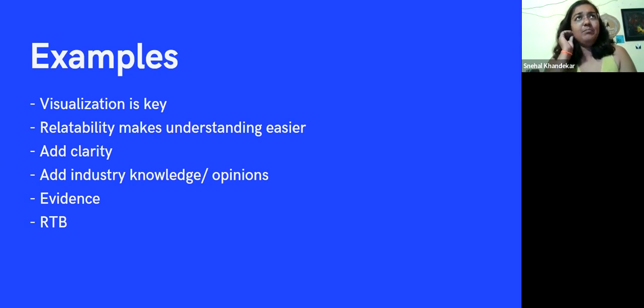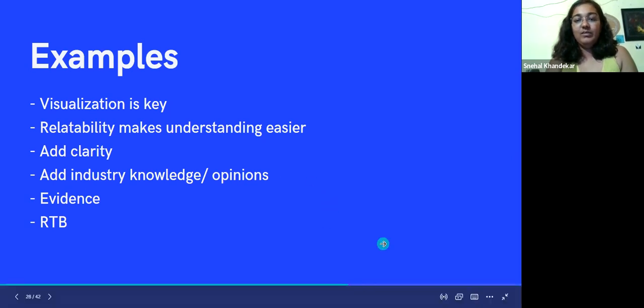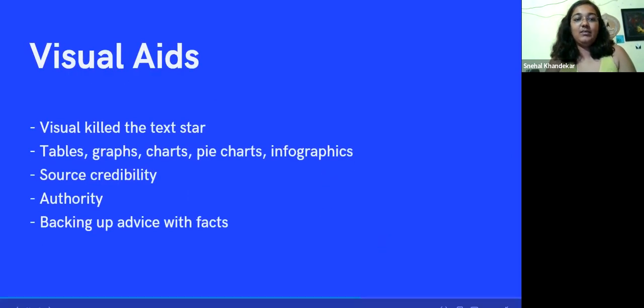Examples also are sort of evidence, or RTB, which in advertising language means reason to believe what you are saying. Because if you're only going to give information, people might or might not believe you. You might or might not, as a brand or as a writer, have that kind of credibility. But whether you do or not, examples always tell people that these guys know their industry and they know where they're coming from.